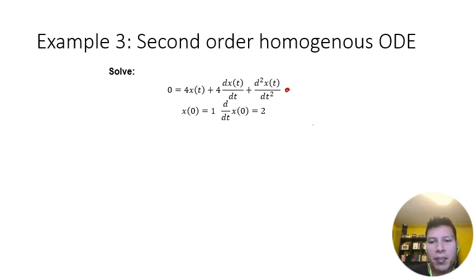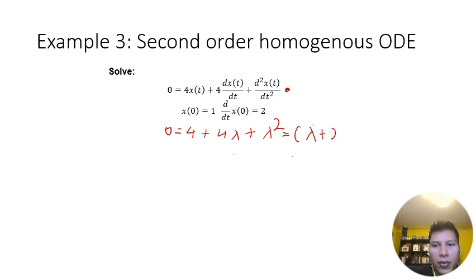So remember, the first step is to figure out the characteristic equation, and I'm going to stop plugging in e to the lambda just because we know already what's going to happen. This will become a 4, this will become 4 lambda, and then this will become lambda squared. And now we need to find the roots of this particular equation. For this case, what we're going to get is that this is equal to lambda plus 2 squared.